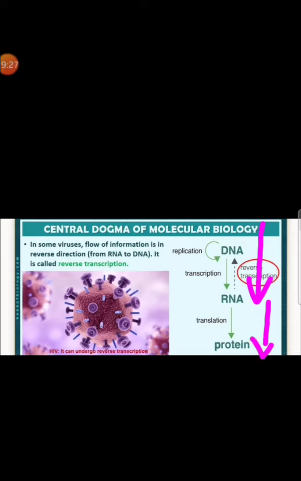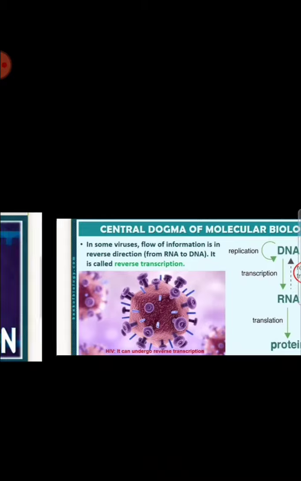In some viruses it is reverse, transforming from RNA to DNA. We call it reverse transcription. Transcription is happening in the reverse direction, in the RNA to DNA direction.